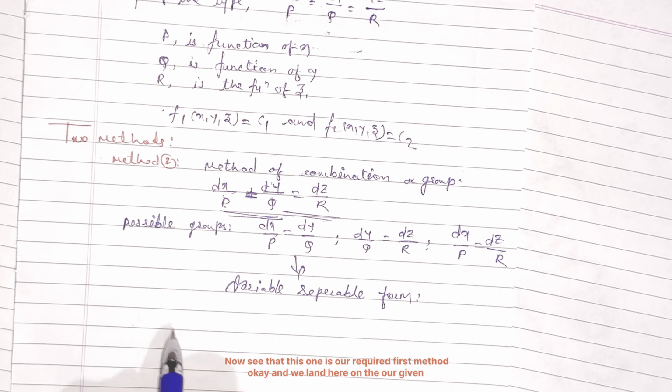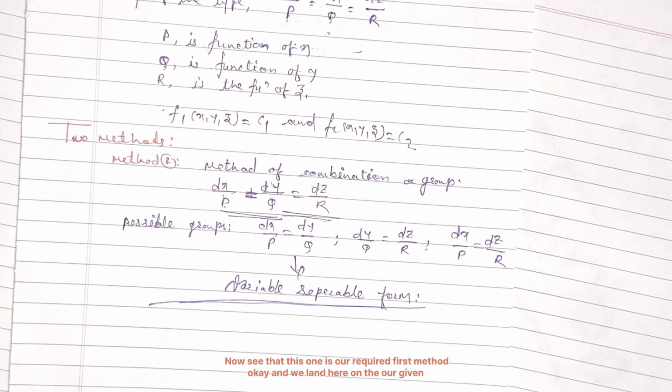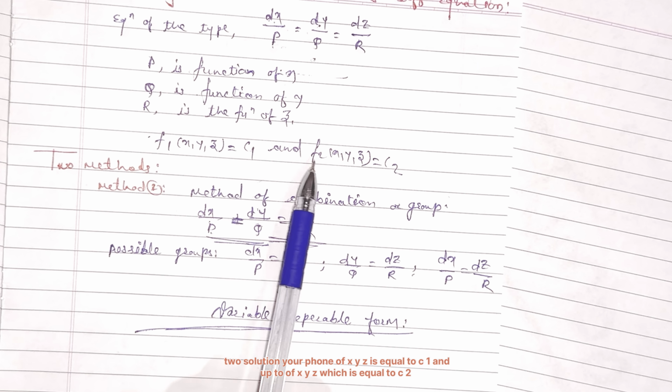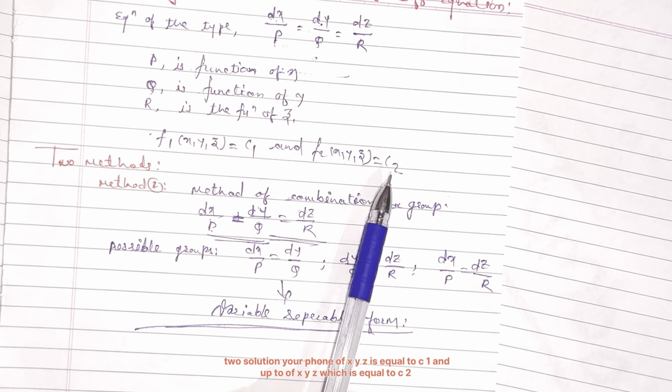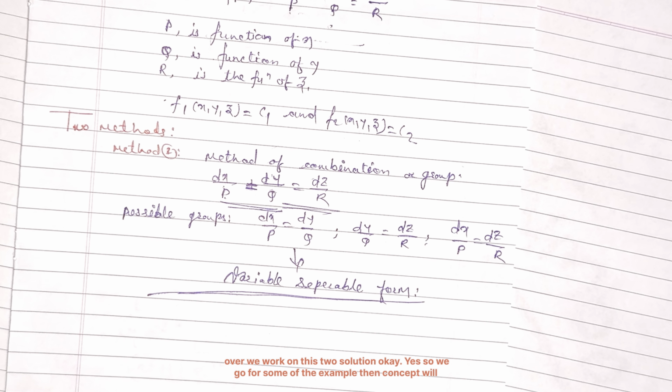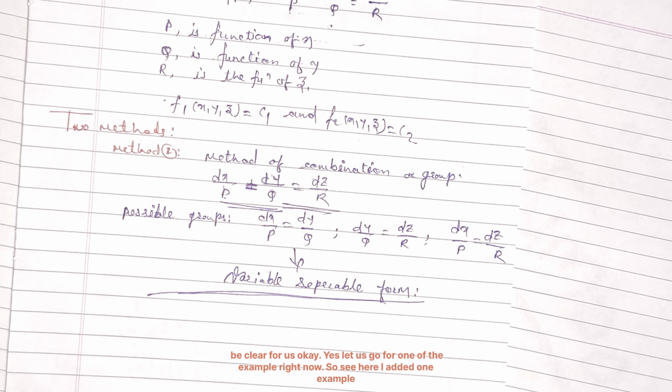This is our required first method, and we land on the two solutions, f1 of xyz equals c1 and f2 of xyz equals c2. We work on these two solutions. Let's go for an example so the concept will be clear.